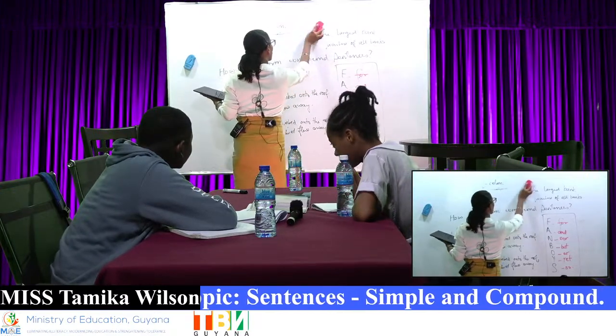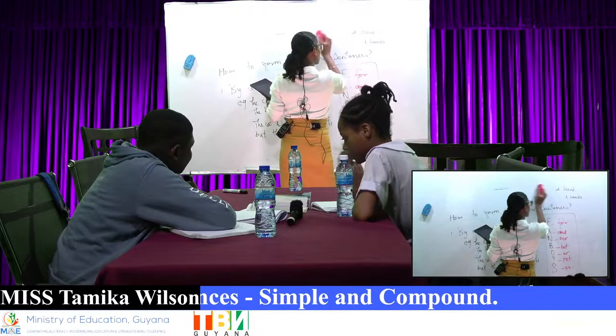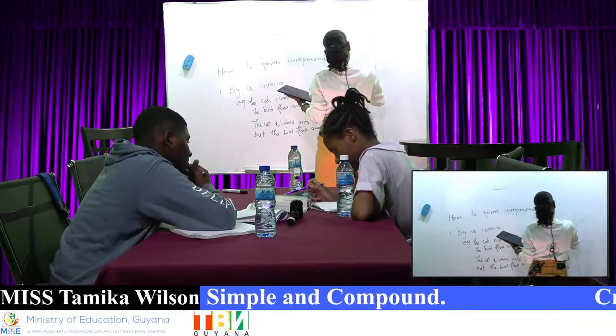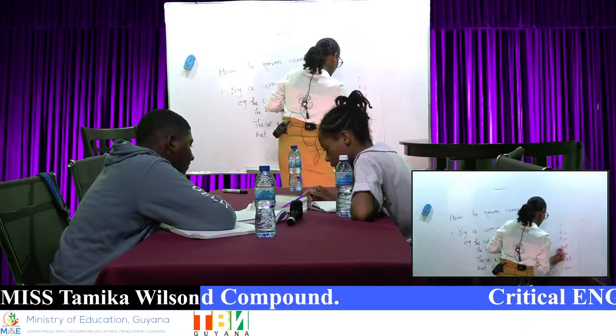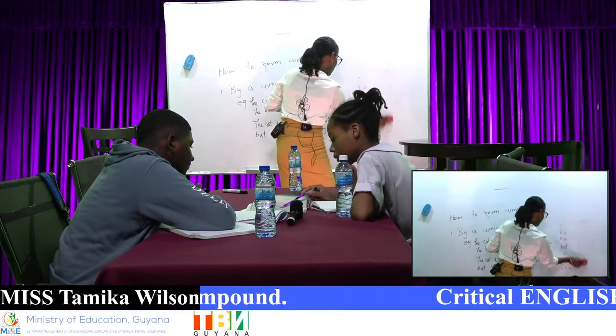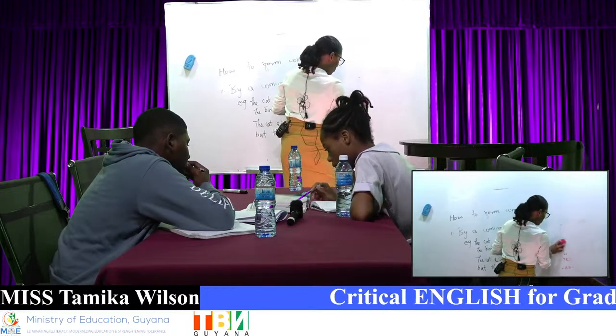The ship, subject, and the crew, with the subject and the verb. And this crew. And the verb will be sank. This one is the verb. All right, the next one.